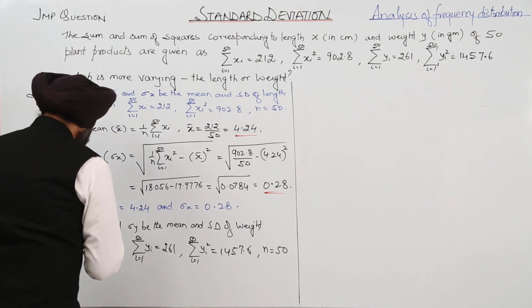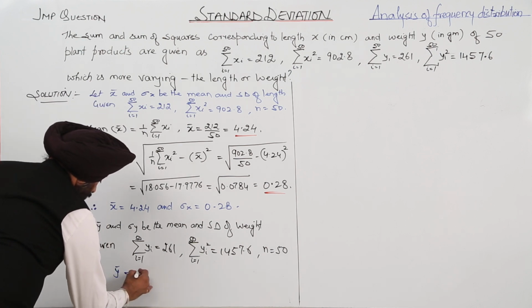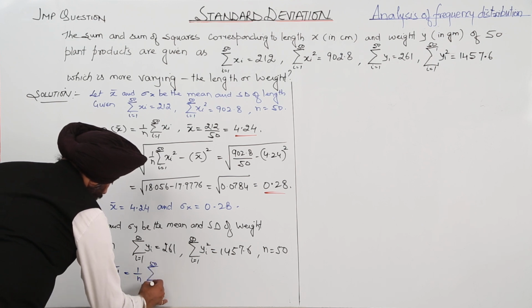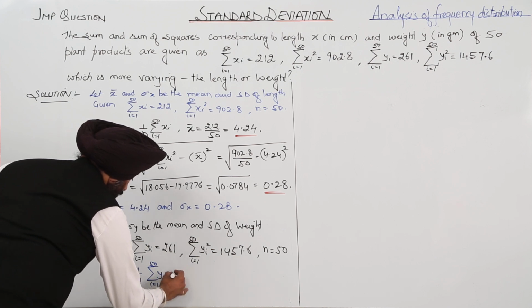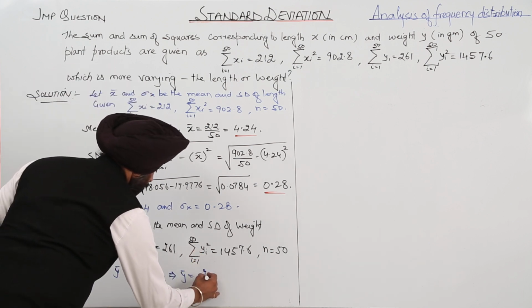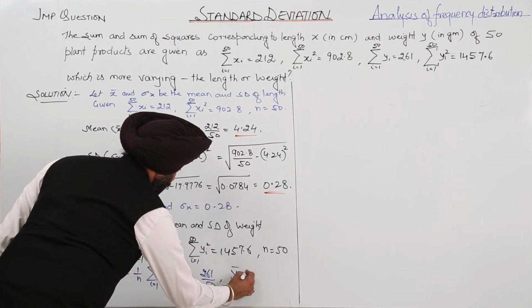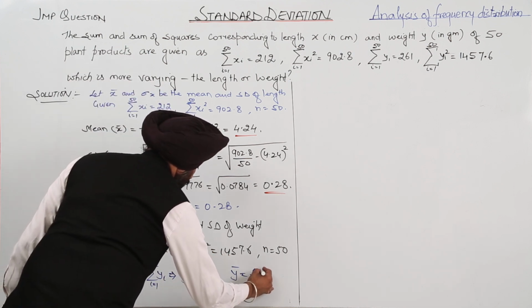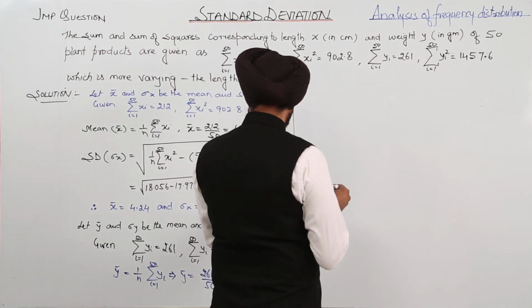Now mean is equal to 1 upon n times the sum, that is 261 upon 50. So y mean we are getting is 5.22. Now similarly, let us find the standard deviation.